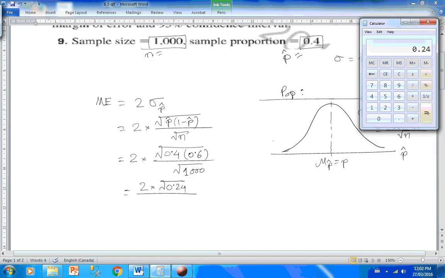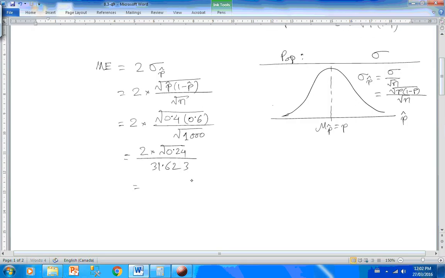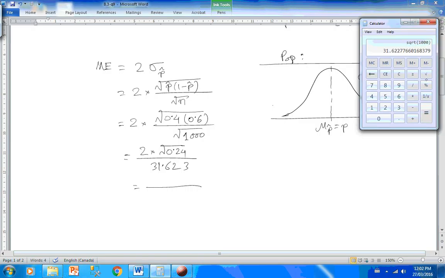So let's figure that out. Square root of 1000 is 31.623 approximately. And if I simplify this, square root of 0.24 turns out to be 0.489, which is 0.49 approximately.